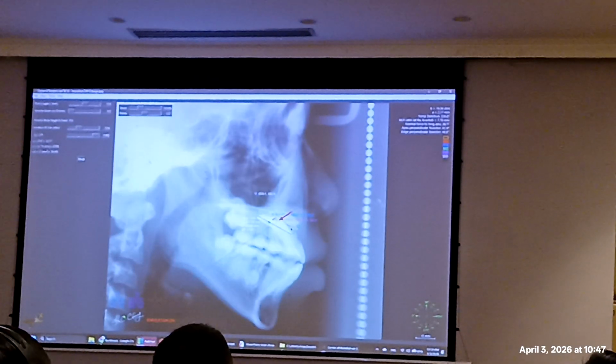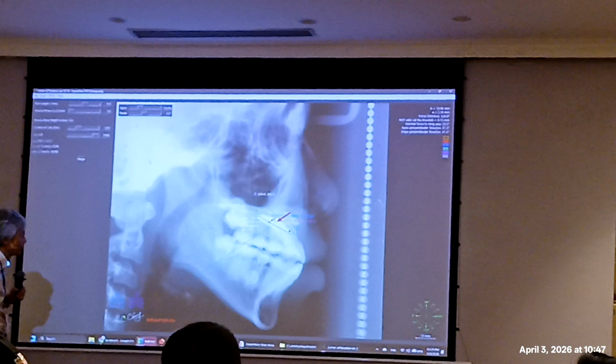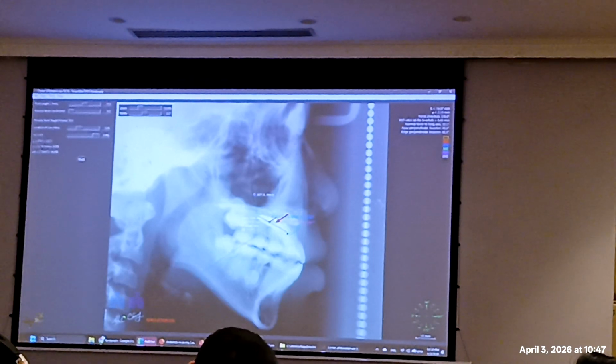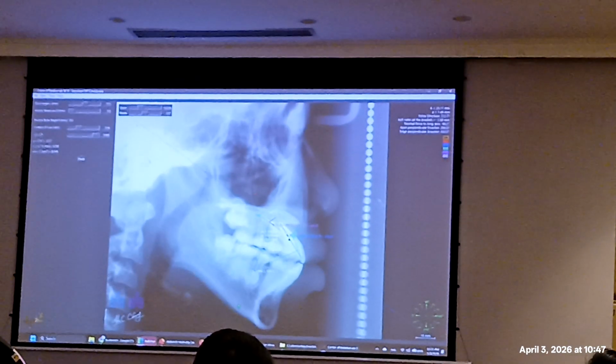As you can see, the tip is moving inside the bone, okay? And then it moves downwards to the final position. Like this.